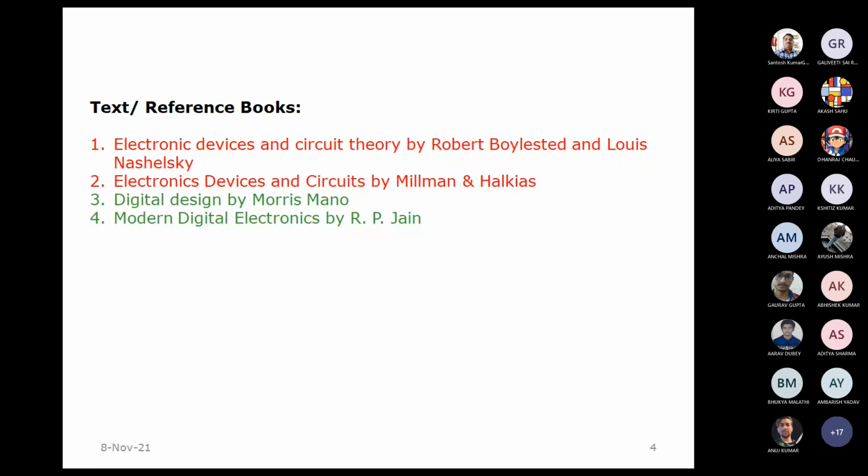The reference books, as you can see, the first 2 reference books deal with units 1 to 4, whereas for the last two books, there are multiple other books also, but the reference books which we will try to follow are these. For unit 5, the last unit, we may follow the last two reference books.